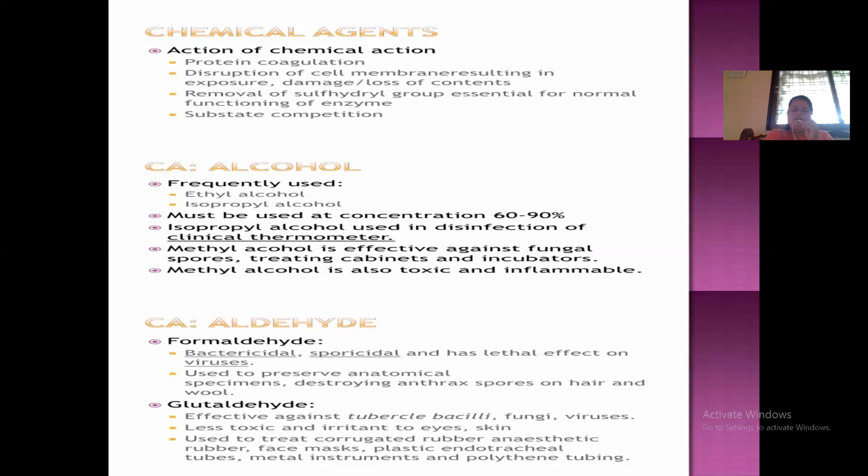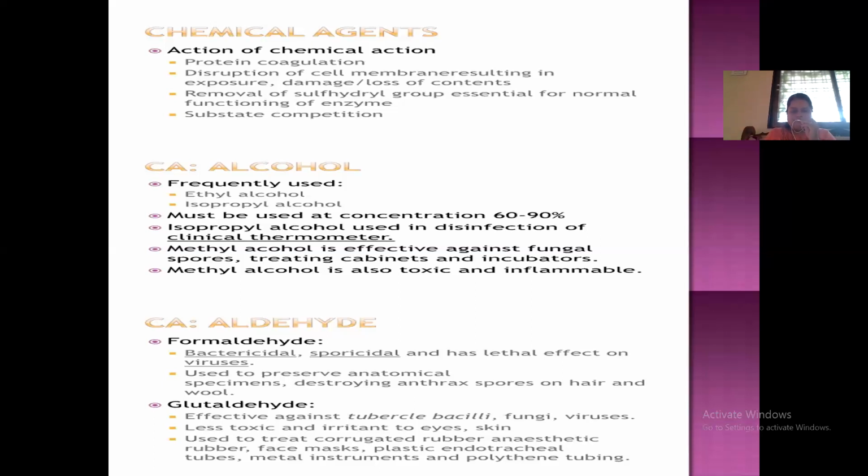Aldehydes used include formaldehyde and glutaldehyde. Formaldehyde has bactericidal and sporocidal activity, which gives a lethal effect, meaning it will kill the microorganism.